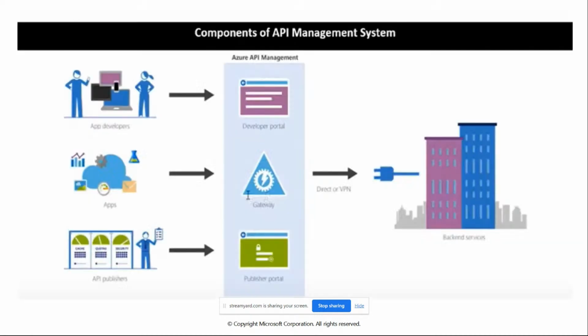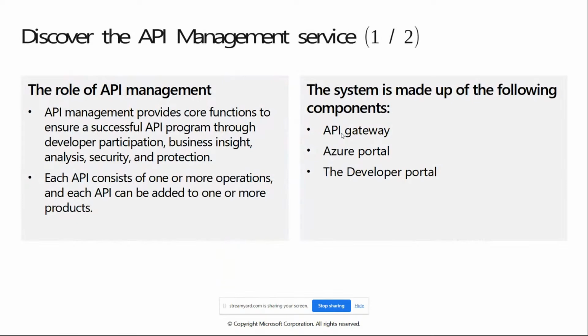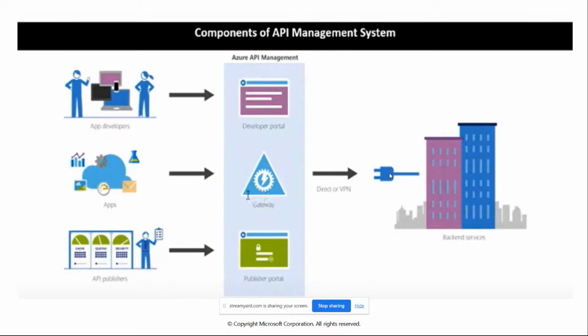Let me get back to the slide. The three things that we saw here are the API gateway, the Azure portal, and the developer portal. This is how it would actually look.